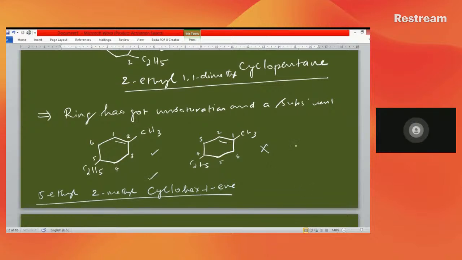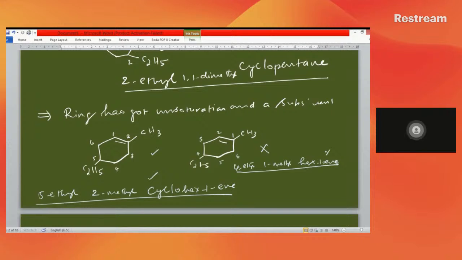Let's compare this name with the other one. It's a wrong name. You see, this is also cyclohex-1-ene, but unfortunately the same ring is having 1-methyl and 4-ethyl. So a name cannot be like this.